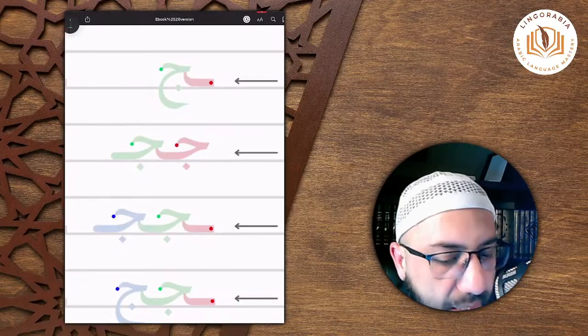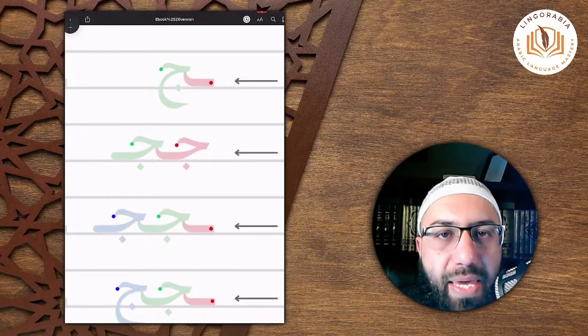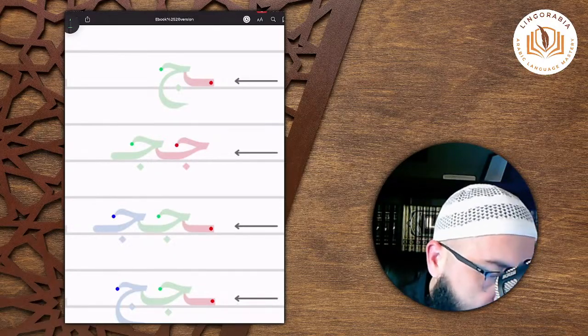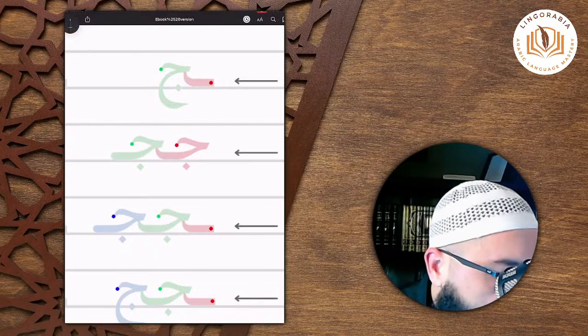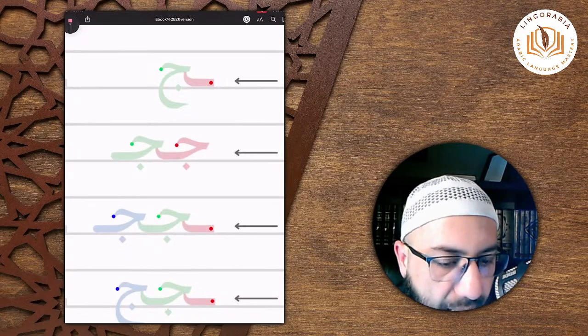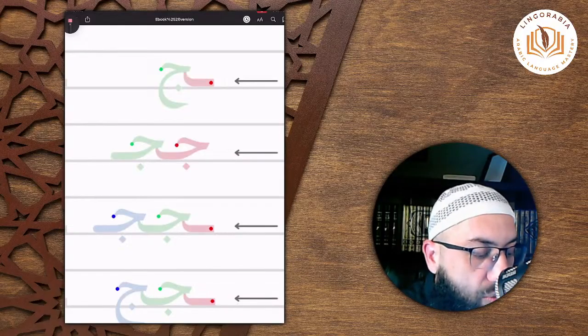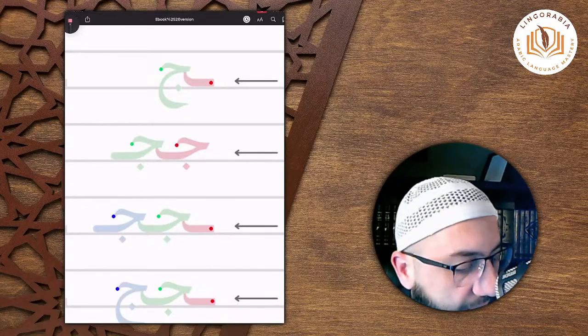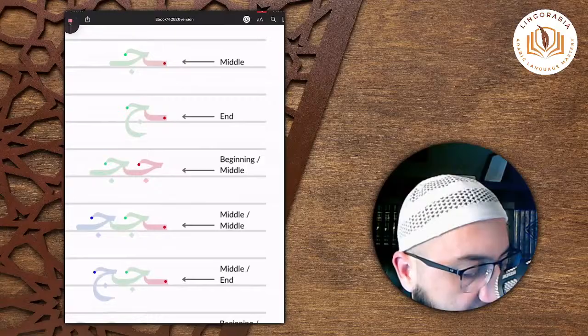So I am showing you guys the mechanics of writing. Okay, so this is how we should write two jims together. Is this clear how you connect? This is an example of the middle and the beginning.